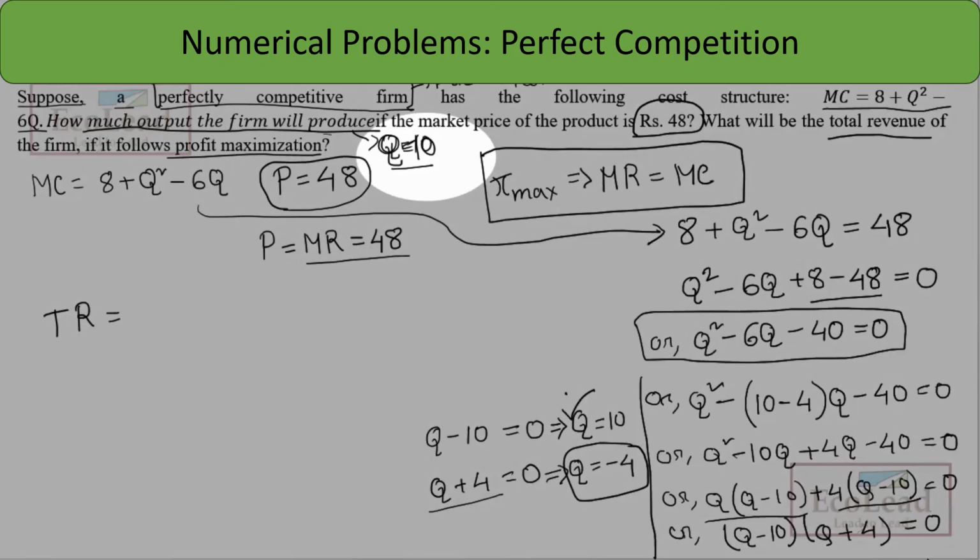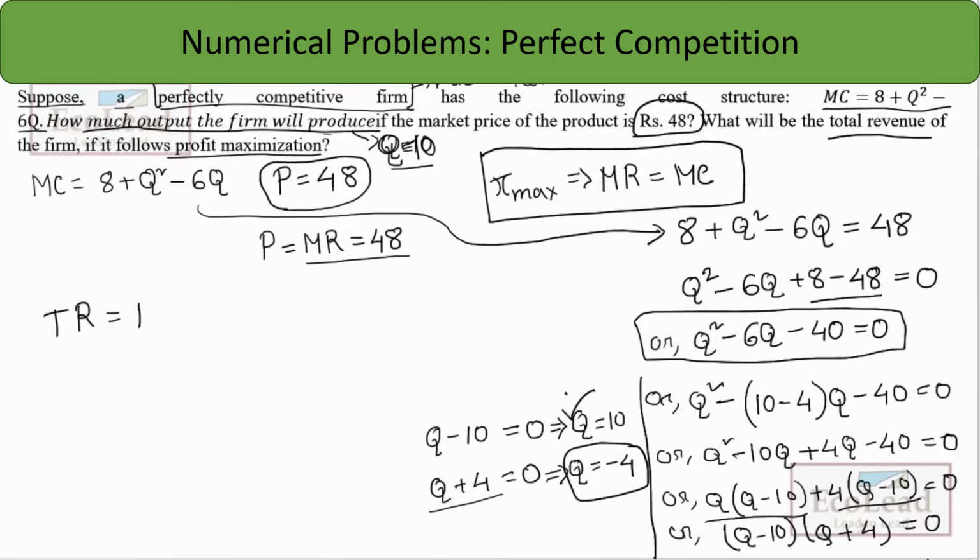Total revenue is nothing but P multiplied by Q. P is already given in the question, 48, and the value of Q that we identified is 10. So the total revenue in this situation will be 480.